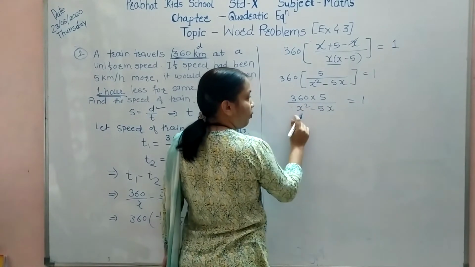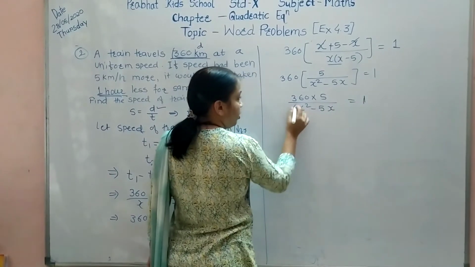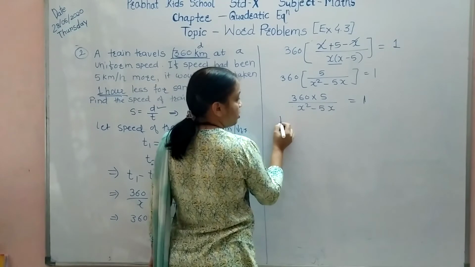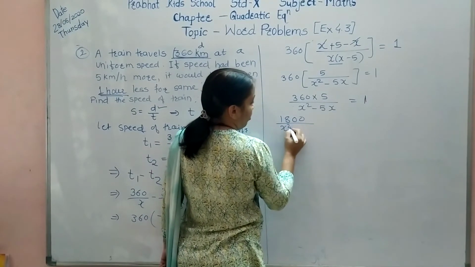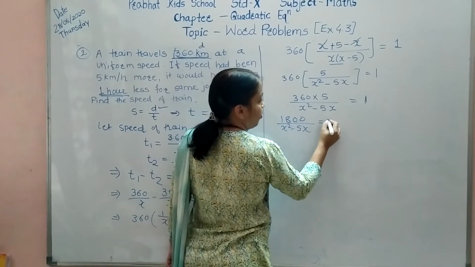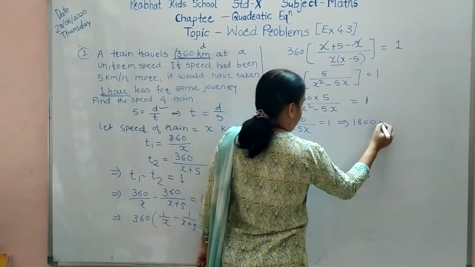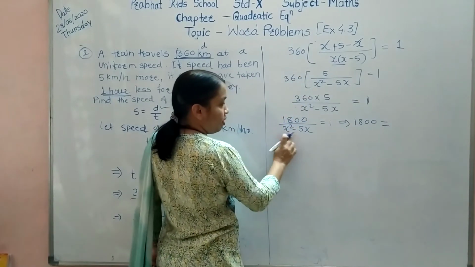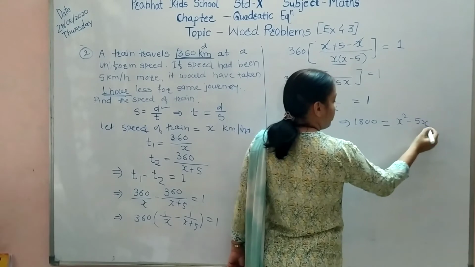Now this is in the denominator, and while going to the other side it will be multiplied. Therefore 360 into 5 is 1800 upon x square plus 5x equal to 1. This leads to 1800 is equal to x square plus 5x.